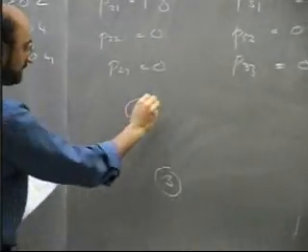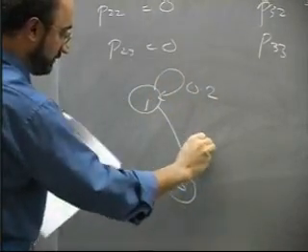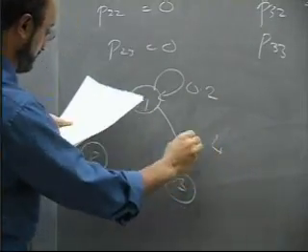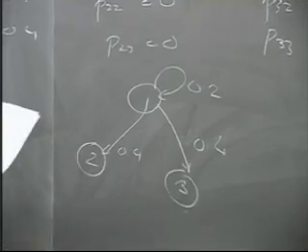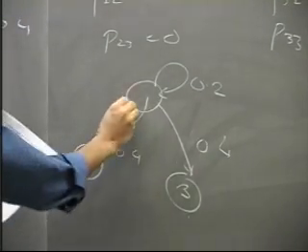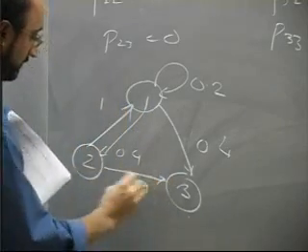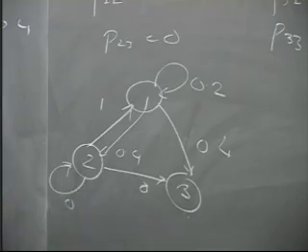And then the transition probabilities are 0.2, 0.4, 0.4. So the sum of all the probabilities of leaving state 1 is 1. That's what these arcs add up to. And this is 1, this is 0, and this is 0. It means when you go to state 2, you always go to state 1 afterwards.